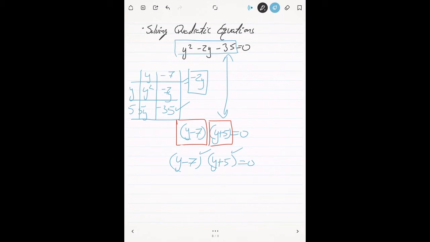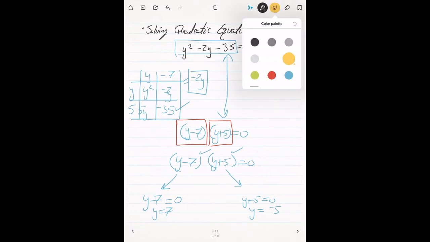Maybe both of them are 0, but most likely not in this situation. So what could y be to make this first value 0? Well, if y minus 7 was 0, then I better plug 7 in for y. And then what about y plus 5? Well, if that term was 0, then I better plug in a negative 5 to get that.